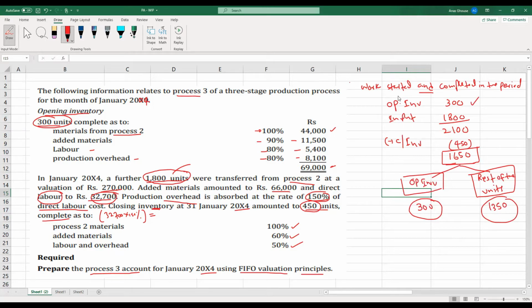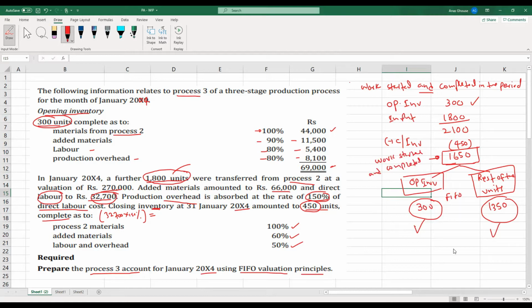So the work started and completed units were 1,650, of which as per FIFO, 300 units were completed first, then the remaining units 1,350.